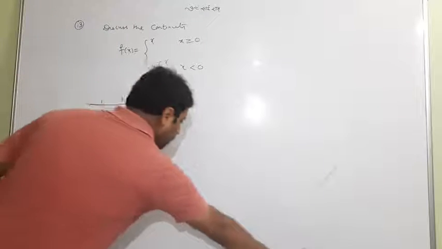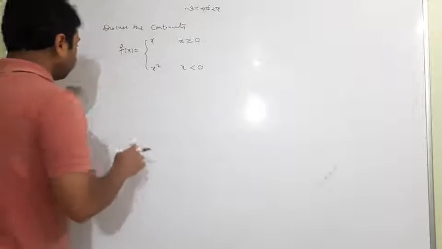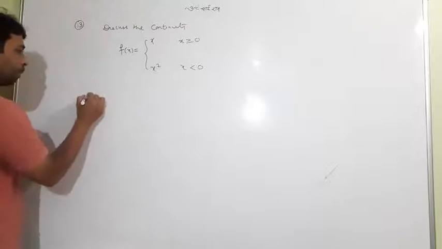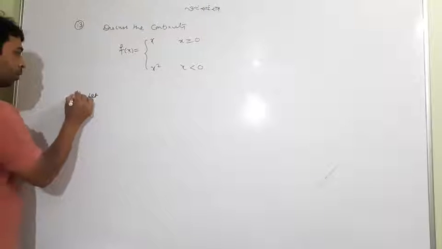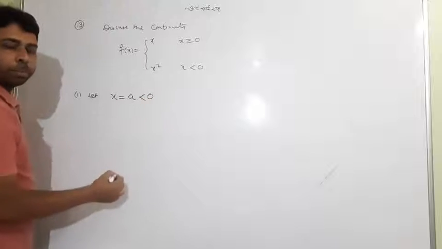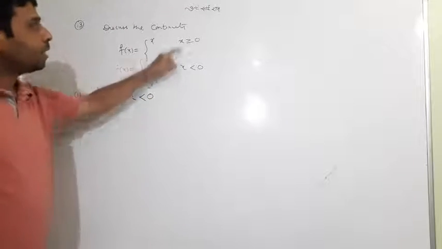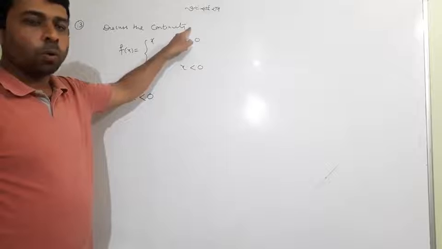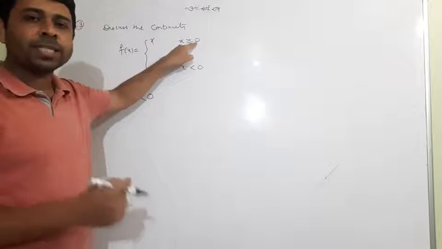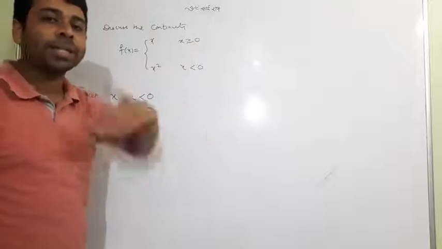Still confused? Now this time not, because we start the question, let x equal to a chosen which is less than 0, because already I have told that these are not a single point. You don't have to discuss the continuity at only x equal to 0, but here we have infinite point.